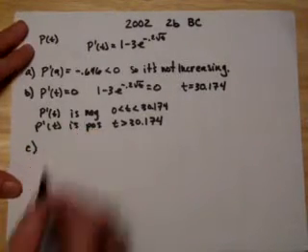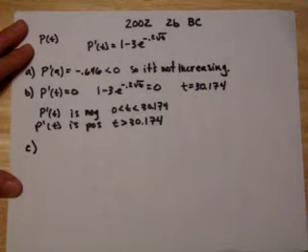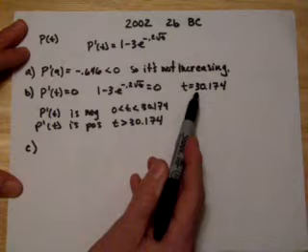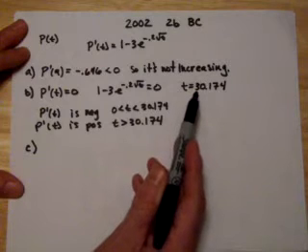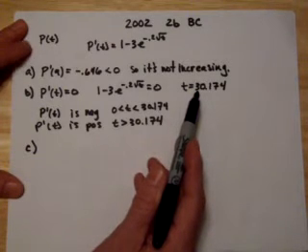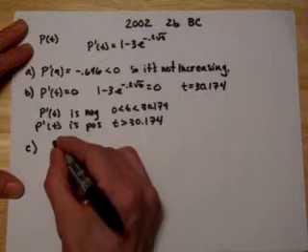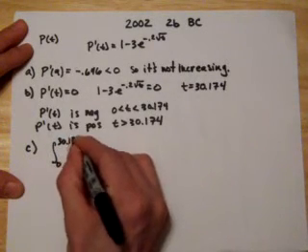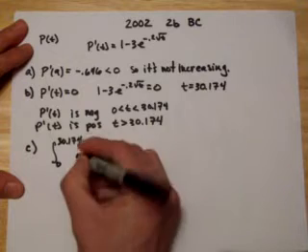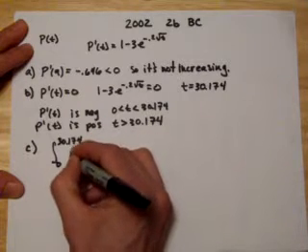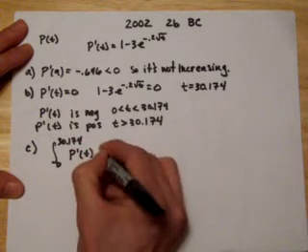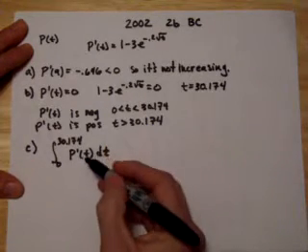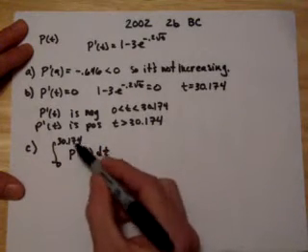C says, is the lake safe when the number of gallons of pollutant is at its minimum? So at this time right here, does the lake have a pollutant at its minimum? I'm going to take the integral from 0 to 30.174 of P prime of t dt, and this is how much it's changed by.